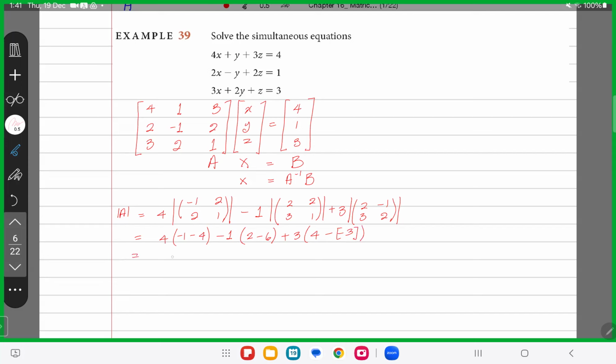This becomes -20 + 4 + 21. So the determinant appears to be +5.